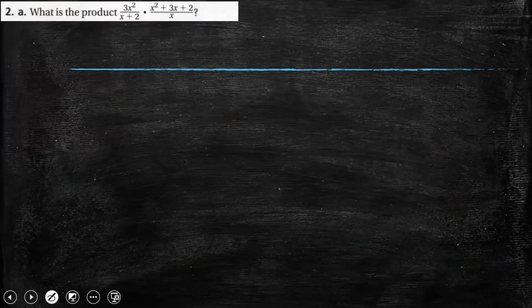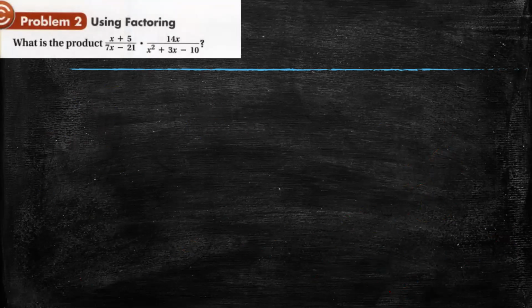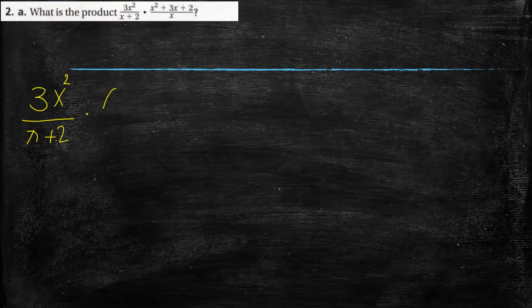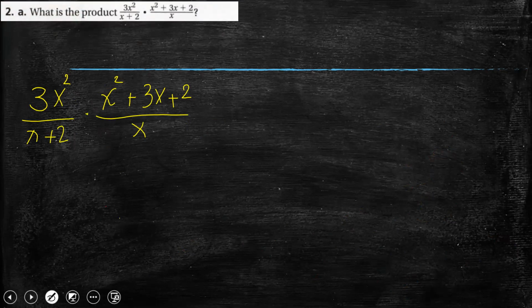Now here, we have 3x squared over x plus 2 times x squared plus 3x plus 2 over x. Now, I will try to look at each one.